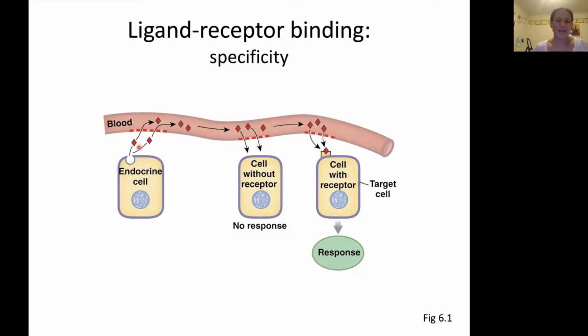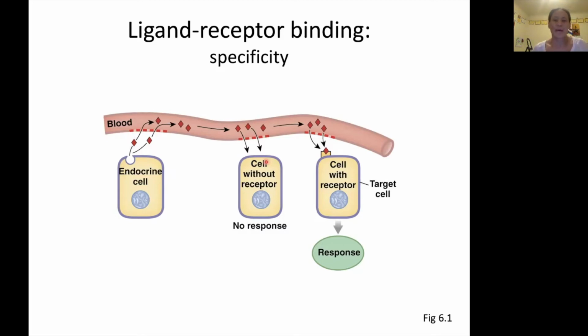We have the endocrine cell secreting hormone into the bloodstream, okay? It's going to elicit an effect in the target cell, which has a receptor for that hormone, right? But there are lots of other cells in the body that don't have a receptor to the hormone, so they're not even going to notice that the hormone is there.